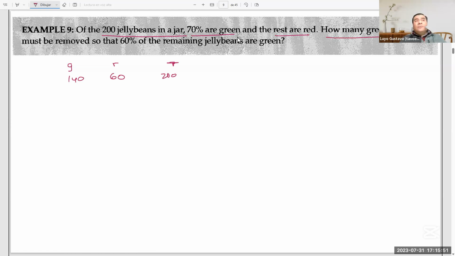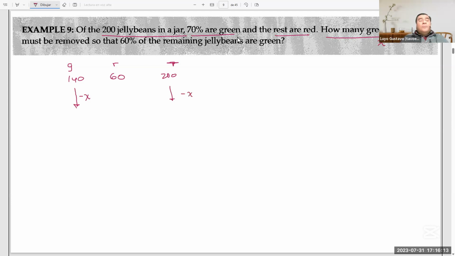You are gonna remove a number of green jelly beans. Okay? Remove, that means you take away, let's say X, and this number will also be deducted from the total number because you are removing the jelly beans.